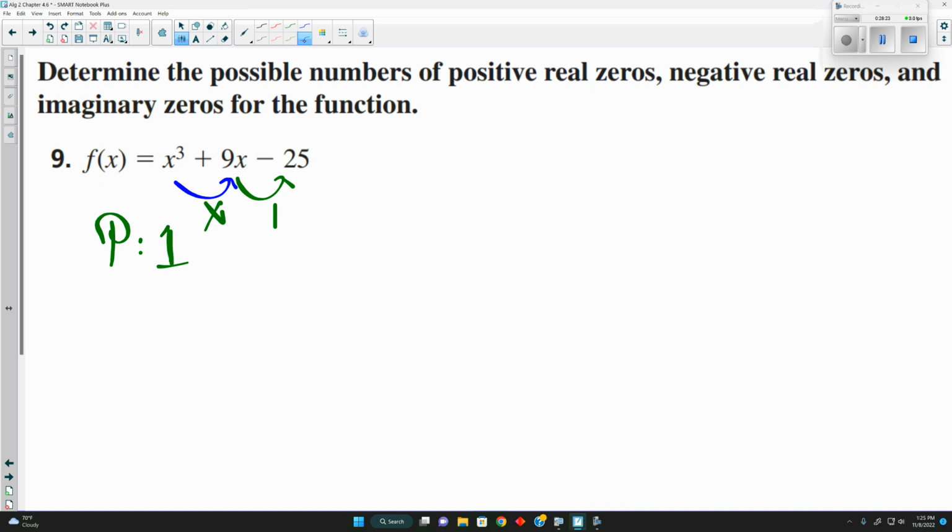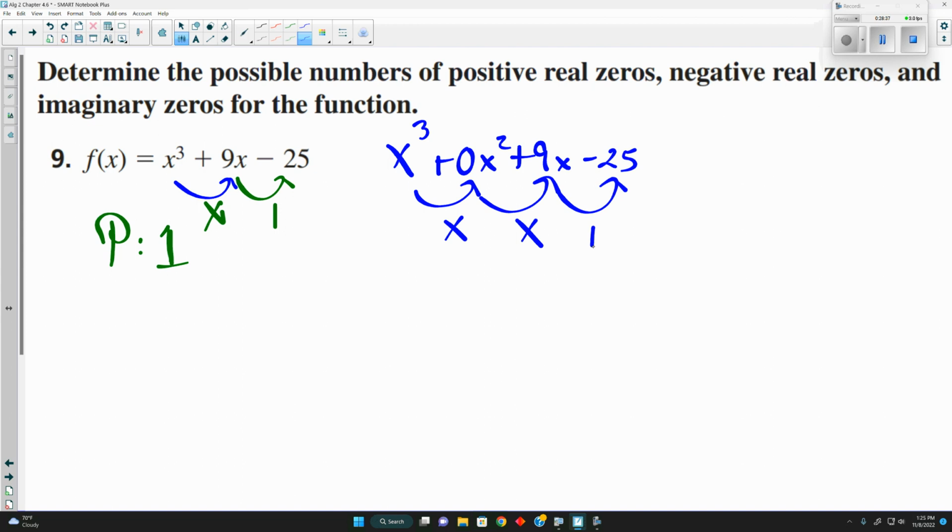Now, you don't have to write this in, but if we did add in 0x squared, well, 0 from x cubed, no. From x squared to x, no. From x to 25, we didn't change it.